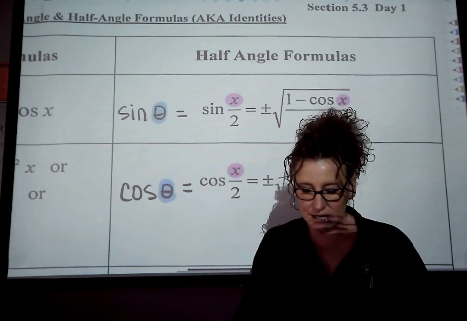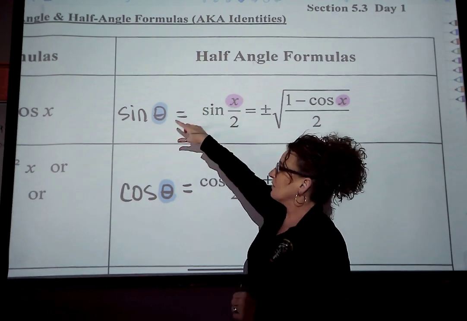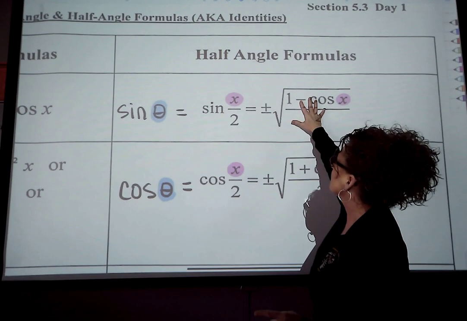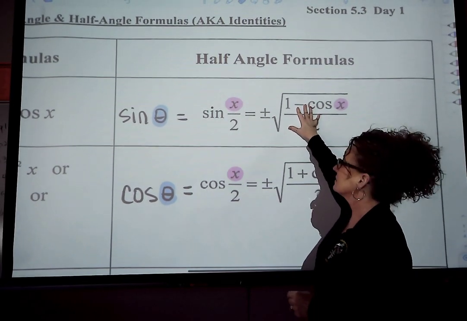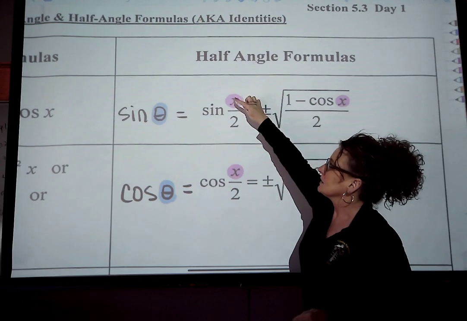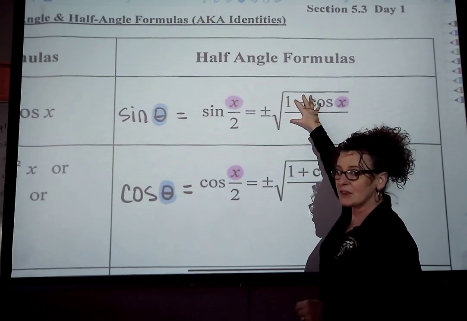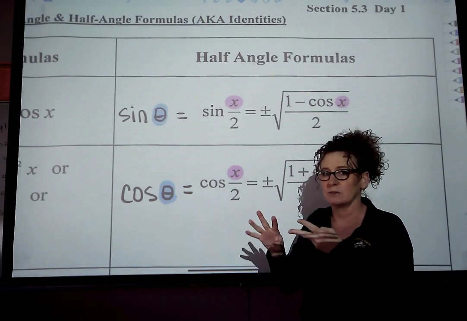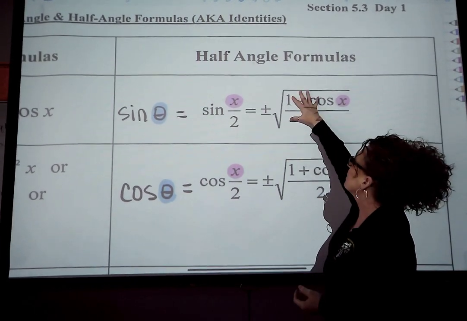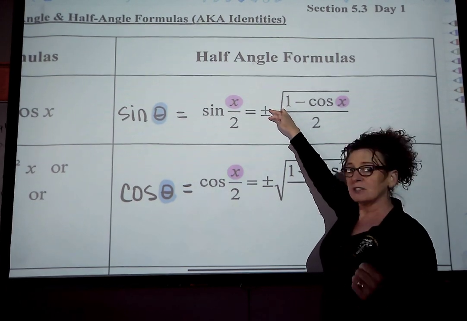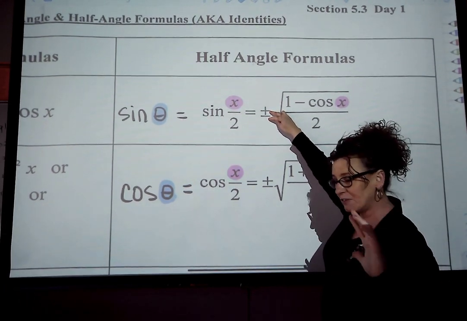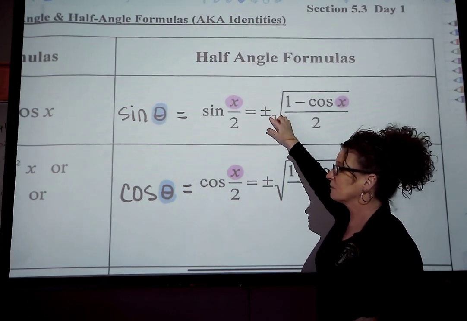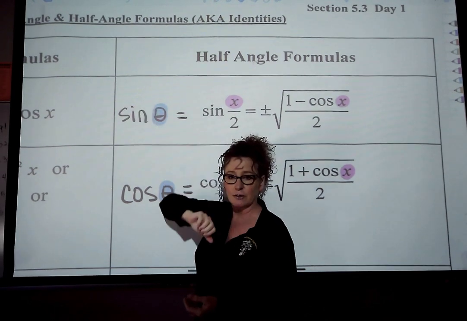So, when we do this formula to find sine of an angle that's not a common angle, we're going to use this formula. Now, the cool thing is, the angle that we're using in the formula is a common angle, something that we can do sine, cosine, or tangent on. So we're going to apply this formula, and it's going to be up to us at the very end of our problem to decide, do we want the positive root or the negative root for our final answer?